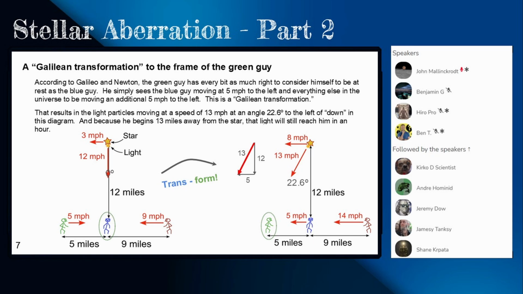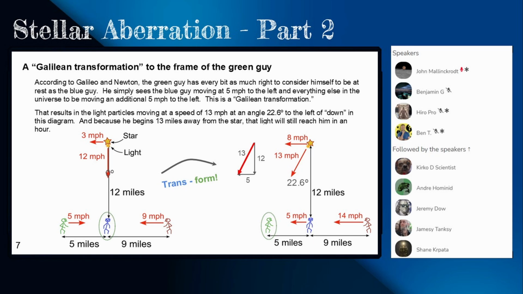And when I add the 5 miles per hour to the light's velocity, I have to do what's called a vector addition, because those two velocities aren't collinear. The 12 miles per hour is downward, say, in this diagram, and the 5 miles per hour is to the left.